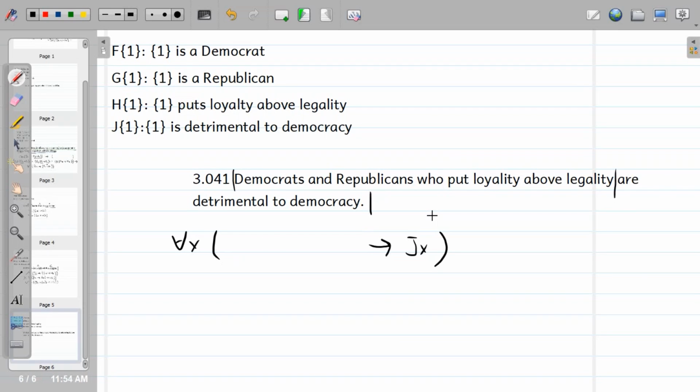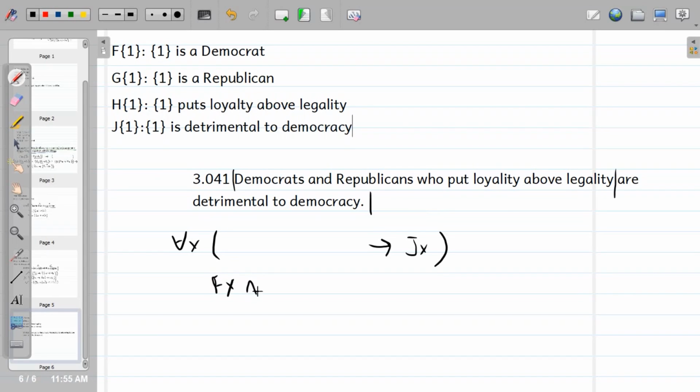Okay. Yeah. Sorry, I haven't heard much from you. Disjunction of two conjunctions. Walk me through it. So the first conjunction would be is a Democrat that puts loyalty above legality. Right?